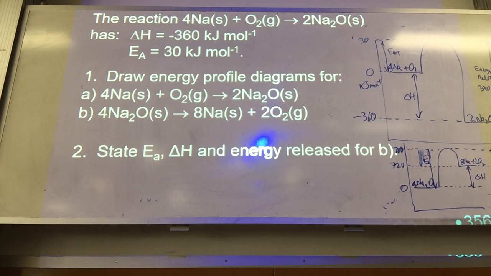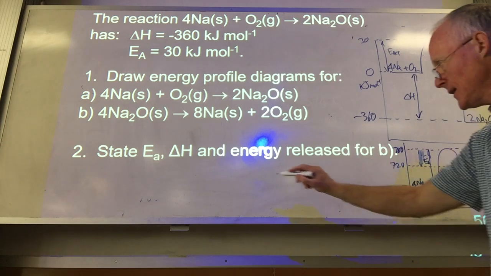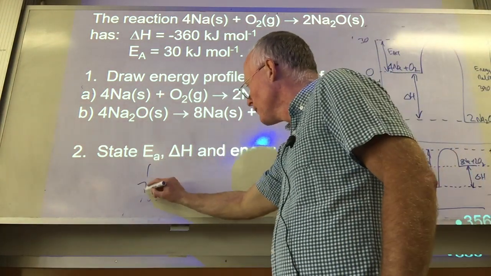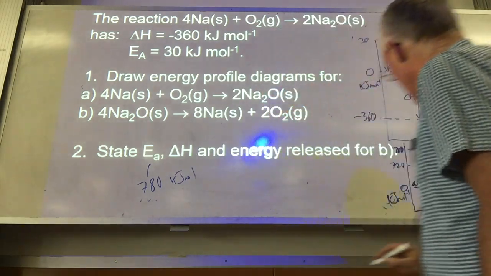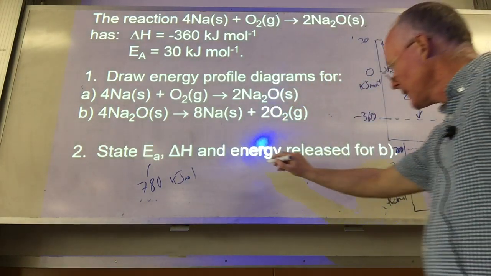And marking those in, of course, which wasn't exactly asked for in question 1, it's always good to do though, makes it easy to work out activation energy and delta H as he's asked for in question 2. So activation energy is going to be 780. Energy released is going to be 60.